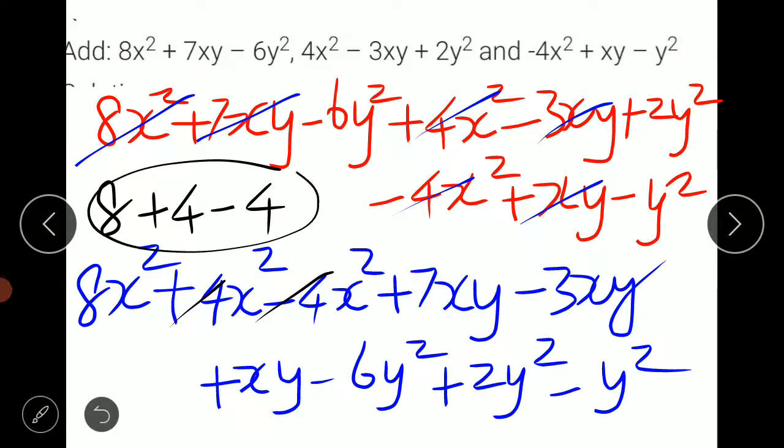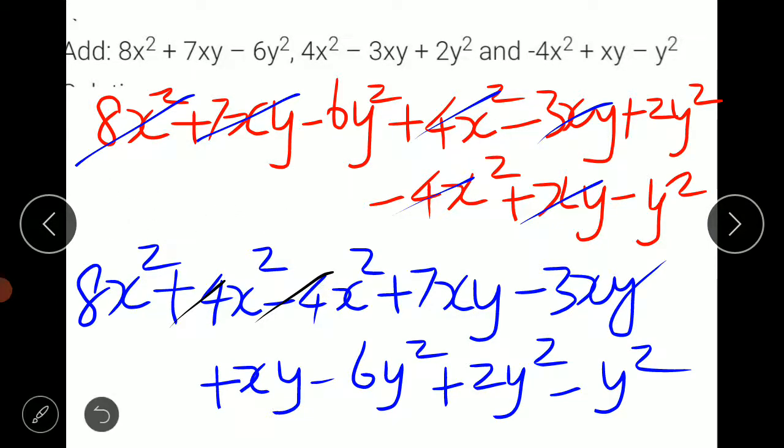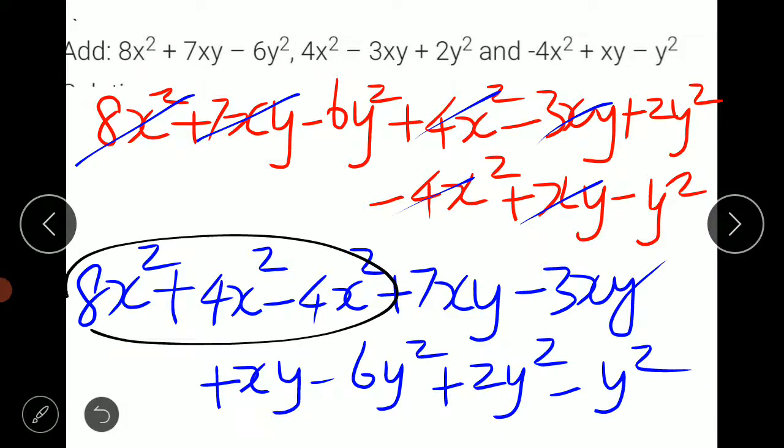If you simplify this, what you will get? You will be getting 8 only. Is it? Pick up the positive integers. 8 plus 4, 12. 12 minus 4, 8. Like that. So whatever way you simplify, you will be getting the answer 8 only. Is it? When you simplify, what do you get? 8x square.